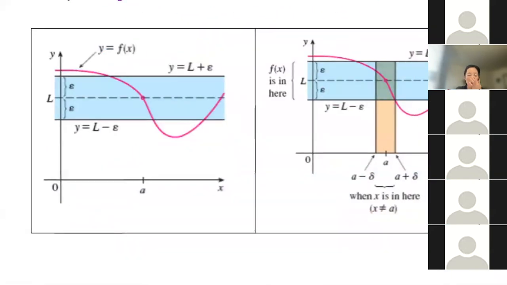Alternatively, we could think about it actually with a function, okay? So what we're saying is, if we put in A and we get L out, remember A is an X value, L is a Y value, and we want to be as close to L as possible, we can add a tiny bit, right?